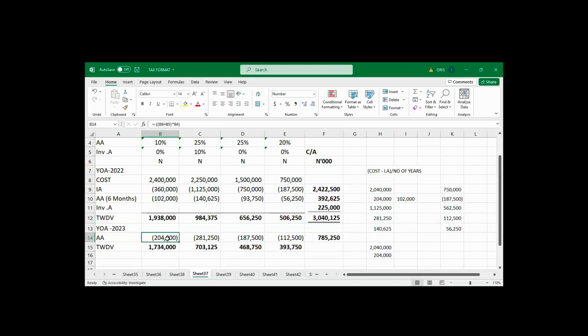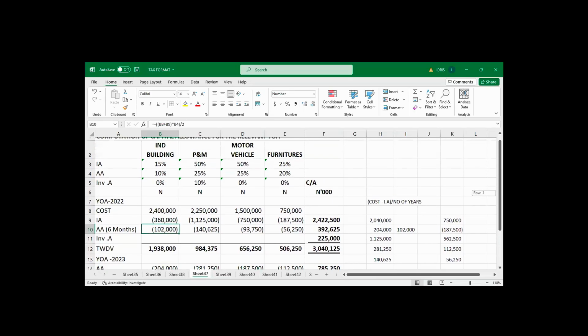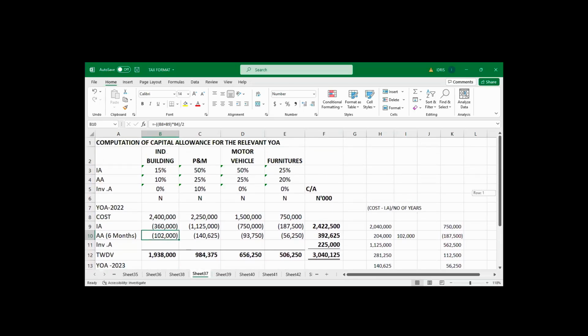Another way you can get the annual allowance for 2023 year of assessment: you ask yourself, in 2022 year of assessment, how many months is the annual allowance claimed? 6 months. In 2023, how many months of annual allowance do you want to claim? 12 months.